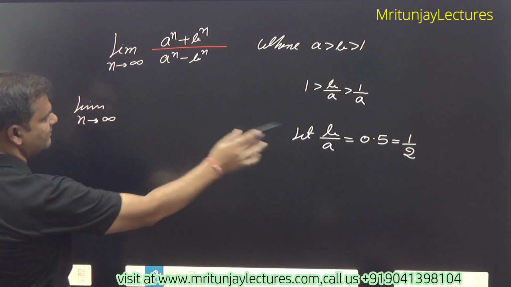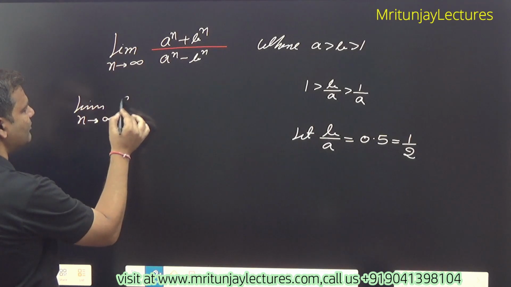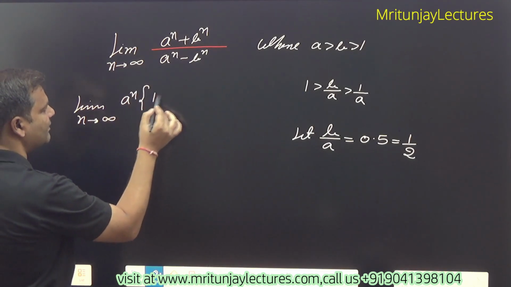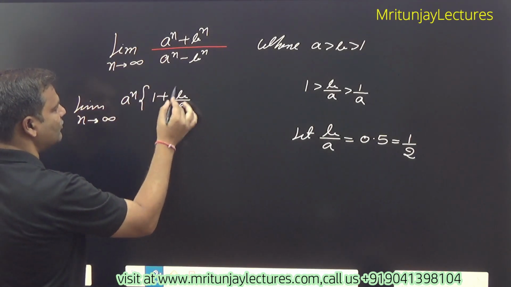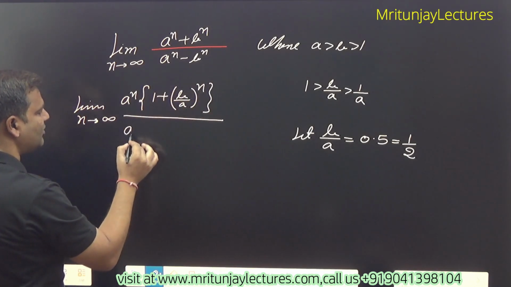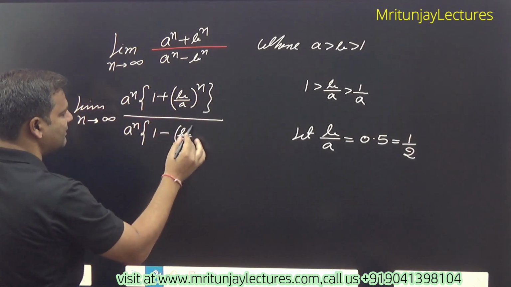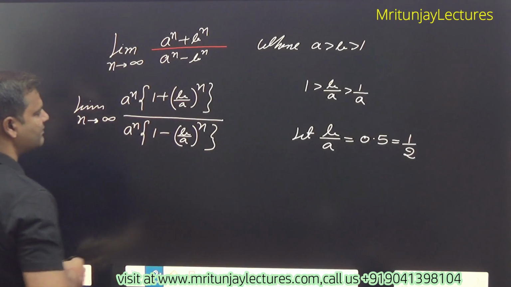Now look here, limit n tends to infinity. Now make that in terms of b by a. a to the power n is common, so we get (b by a) to the whole power n, divided by a^n times (1 minus (b by a)^n).